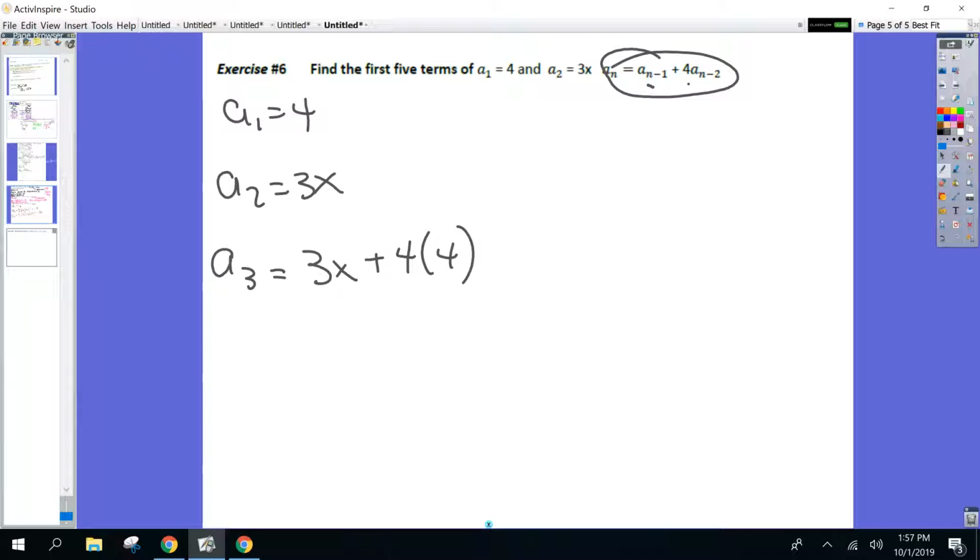Good? Still not off the hook? What is my third term? 19? Well, that's 16, right? Can I combine that with the 3x? It's just going to be, there we go. We got it. Can't combine them. Fourth term.